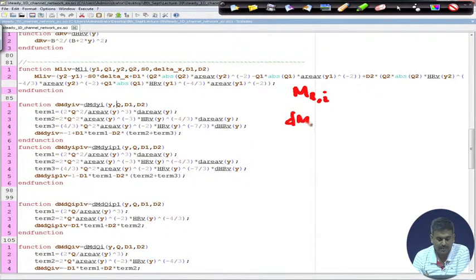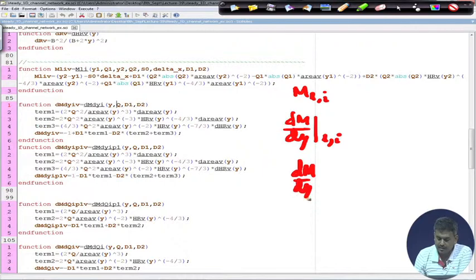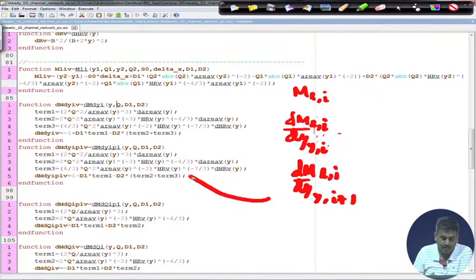This is del m by dy, which is the coefficient for L I, and this is dm by dy, for L I, this is y I, and for L I, this is y I plus 1.